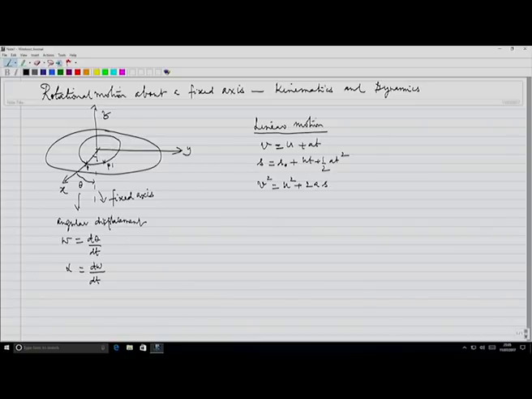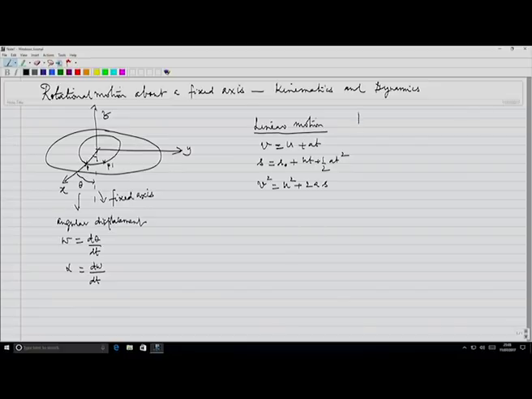The symbols are all very standard. u is the initial velocity of the particle, v is the velocity at that particular instant of time, a is constant, uniform acceleration, then s is the displacement. These are all fairly standard things.